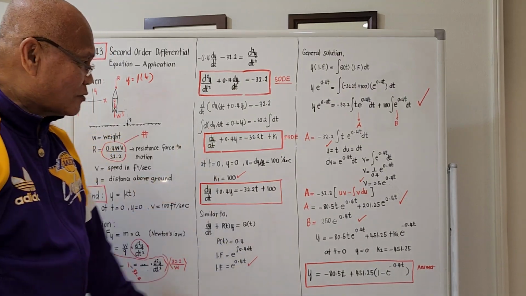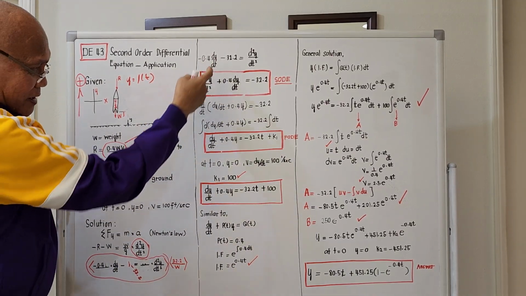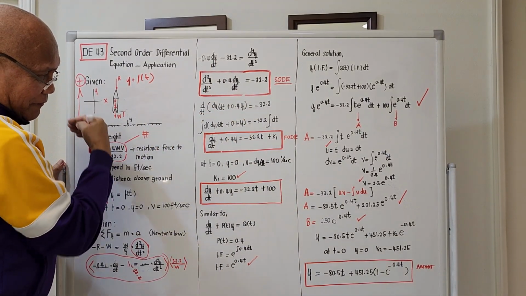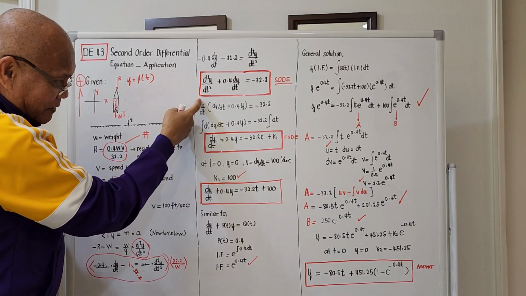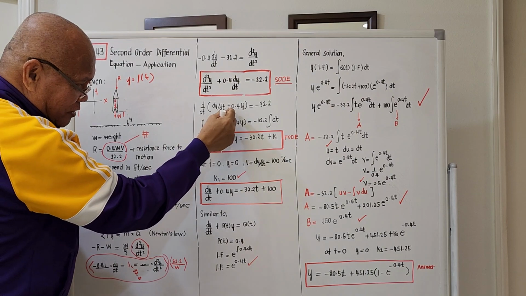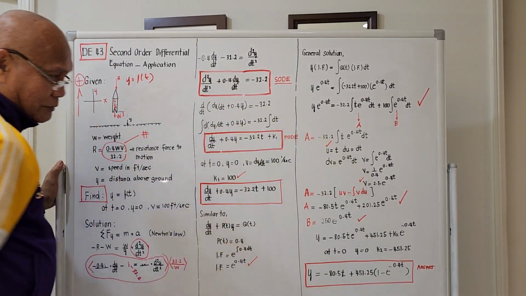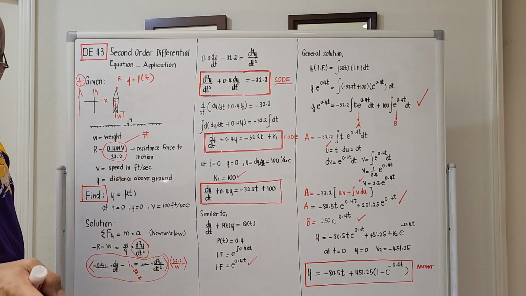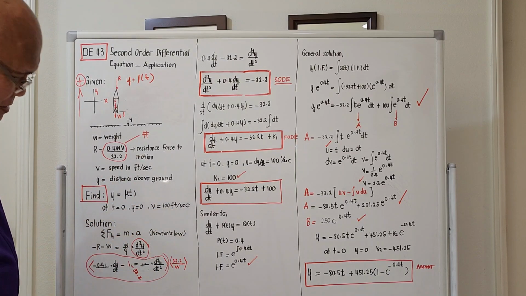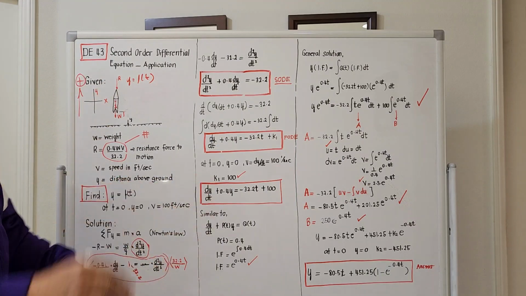Okay, let's proceed with the solution. The left-hand side, d square y over dt square, can be written as the derivative with respect to time of the quantity dy dt plus 0.4 times y, equal to negative 32.2. Same as the one referred to under differential equation 42 yesterday, right?